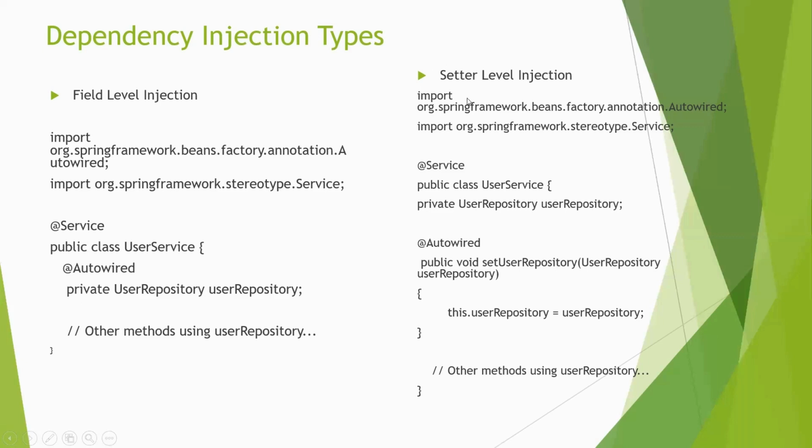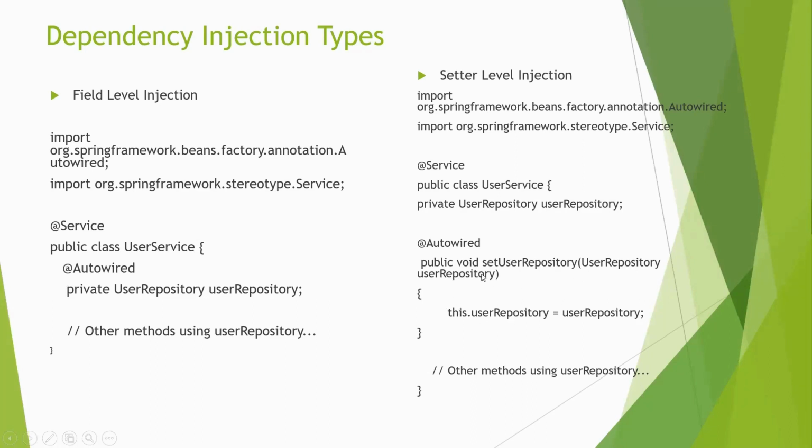The other one is setter level injection or constructor level injection. It is similar to field level injection, but in setter level injection we need to use setter and getter methods. Here we use the setUserRepository setter and pass the UserRepository interface as an argument.